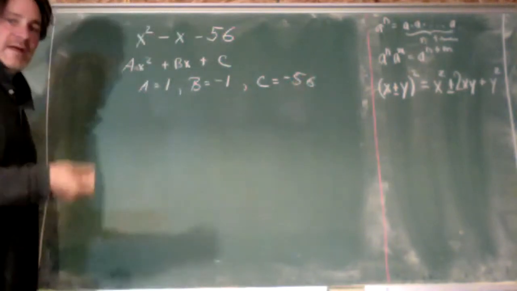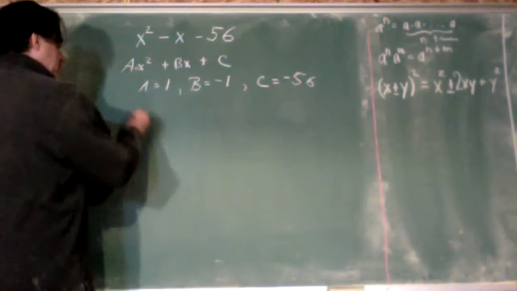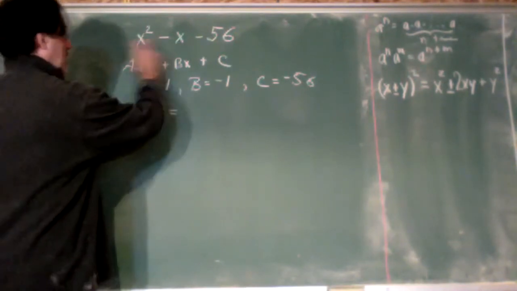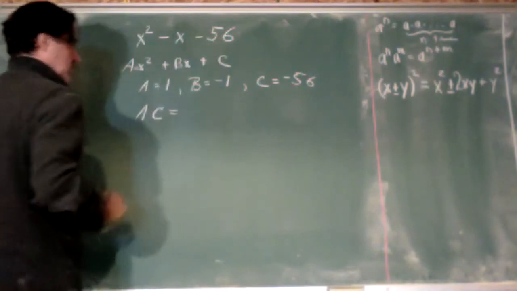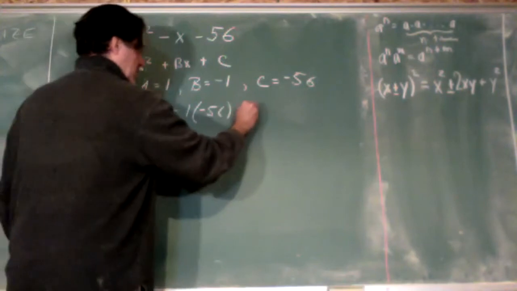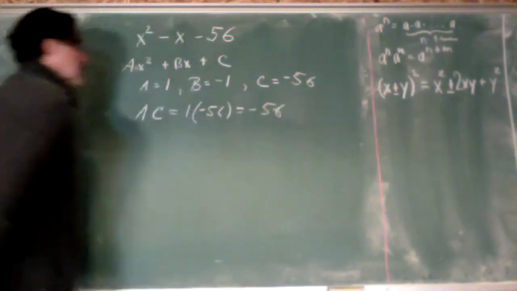According to our algorithm, we consider the product of the lead and constant coefficients, which here is 1 times -56 equals -56.